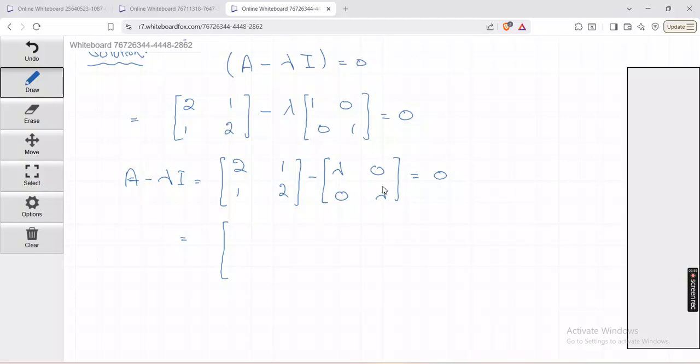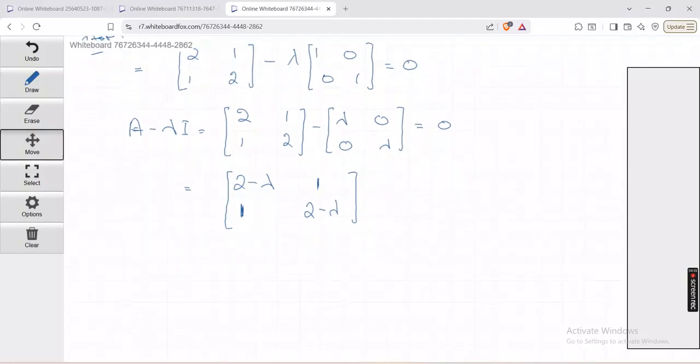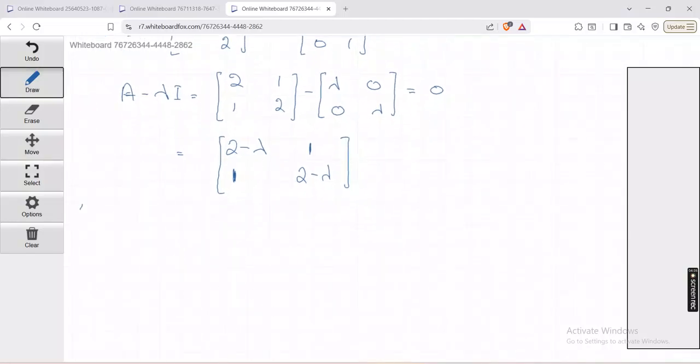Sorry, this is not multiplication, this is just subtraction. So you will just subtract these from each other. So you will write here, it's 2 minus lambda, 1 will come 1, and here 1 will become 1, and here it will become 2 minus lambda. So this was your step 1.